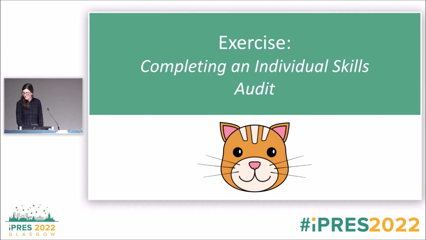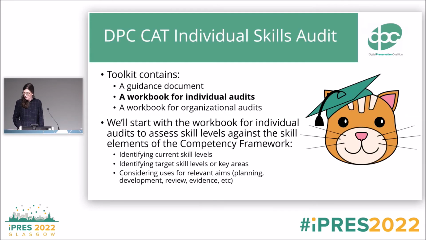So if you open up the toolkit worksheet, there is the guidance document, as mentioned, and a workbook for individual audits and organizational audits. We'll be working with the individual one to assess skill levels against the skill elements of the competency framework.